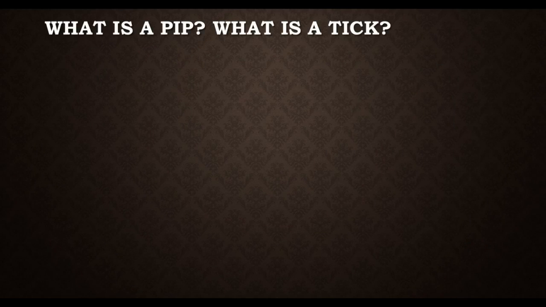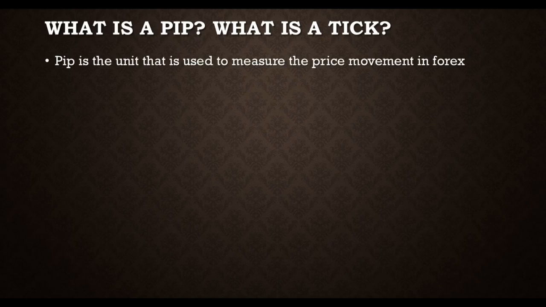So let's talk about what is a pip and what is a tick. You saw the price earlier in our dollar Canada example, right? Pip is the unit that is used to measure the price movement in Forex. The price in that dollar Canada pair was 1.34509.